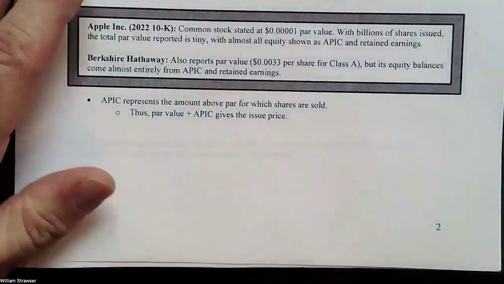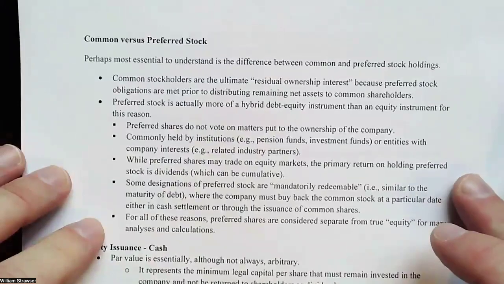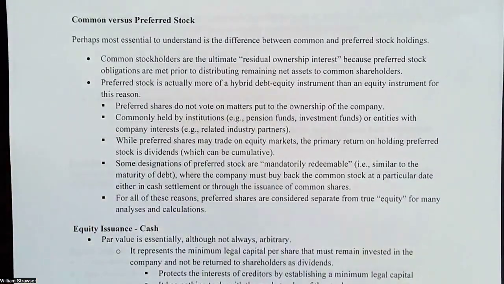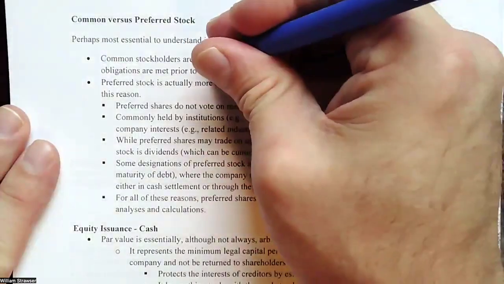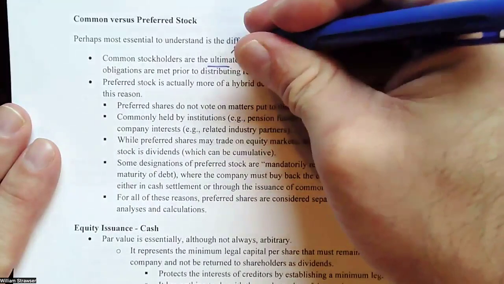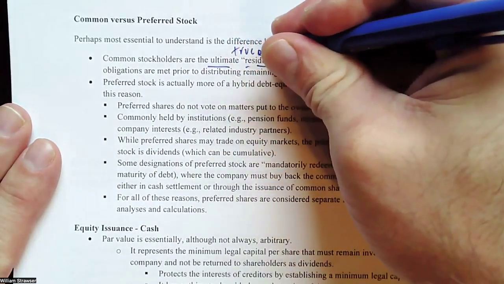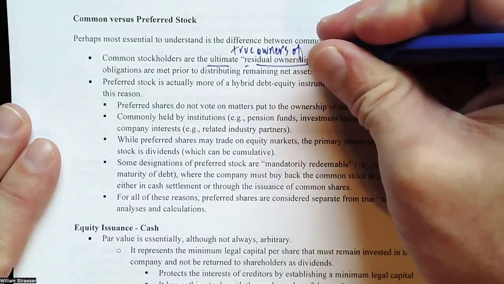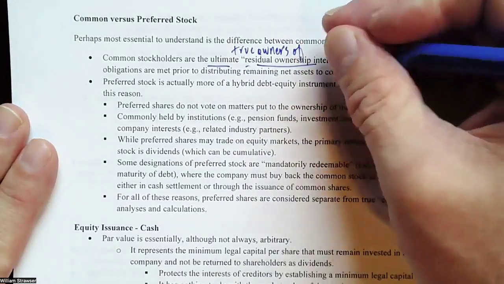The big distinction I really want you to know about common versus preferred is that common is the ultimate residual ownership. Right? These are what I would call the true owners of the company. They are the most equity-like of the equity pieces.